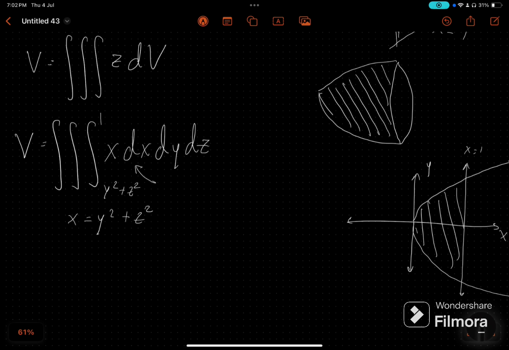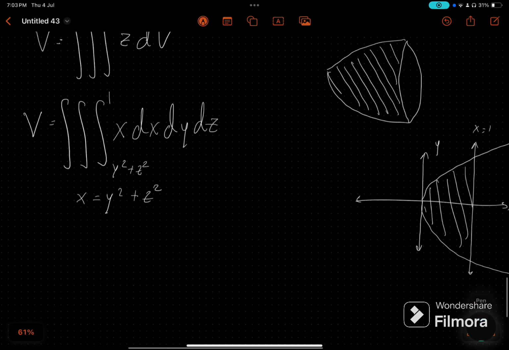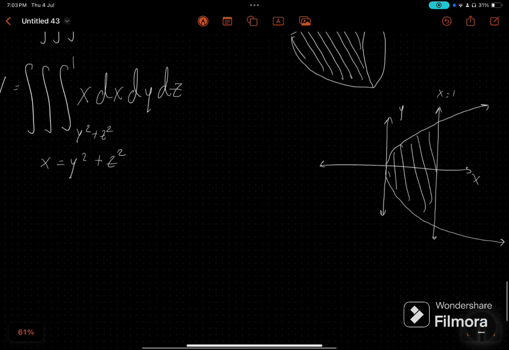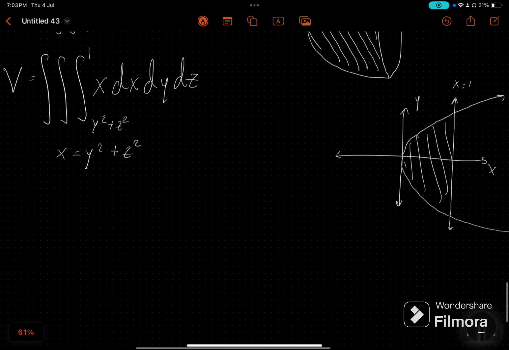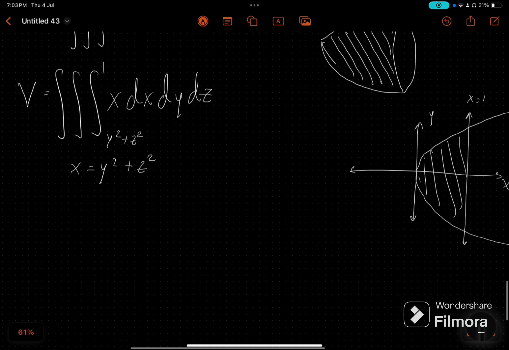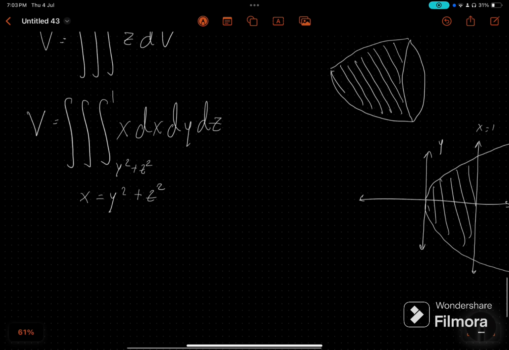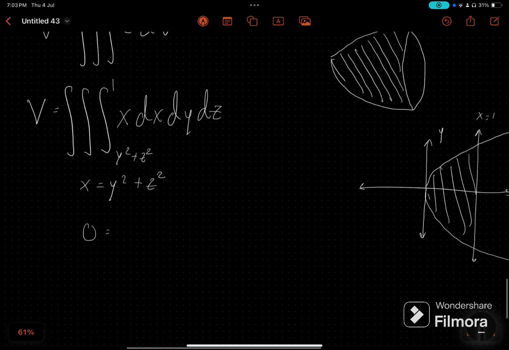And let's just go from there. And now let's find the y. The y is gonna be basically just, if we let z equal to 0 or x equal to 0, we're gonna have y squared plus z squared.